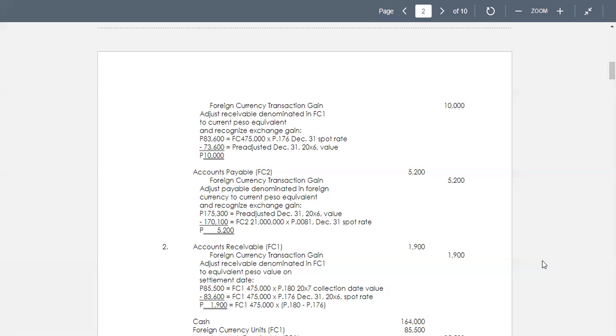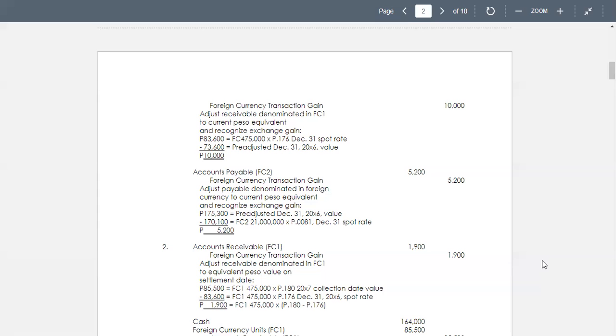So 0.18 is the collection rate, the average collection rate in 20x7. We now get the amount of 85,500. And then we deduct 83,600, which is taken as the spot rate on December 31, 20x6.